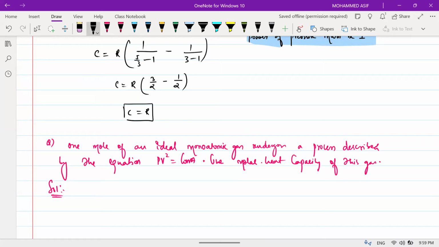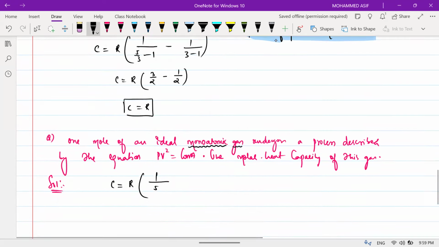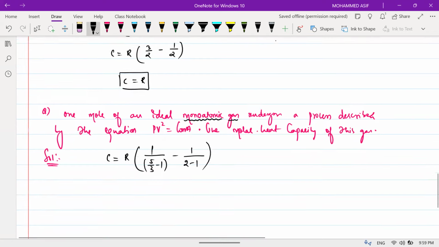C is equal to R divided by (1 by gamma minus 1 minus 1 by n). मोनोटॉमिक गैस के लिए गामा की वैल्यू कितनी होती है बेटा? 5/3. तो 1 divided by (5/3 minus 1) minus 1 by n. n की वैल्यू कितनी है यहाँ पर? पावर ऑफ वॉल्यूम इज 2, 2 minus 1.